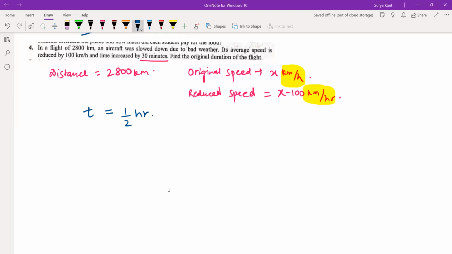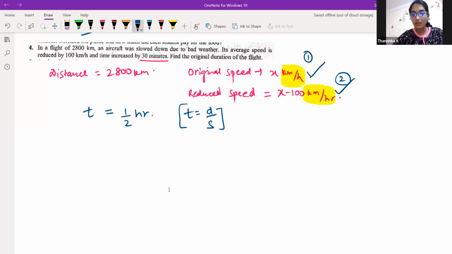So the time formula, all of you know, is distance by speed, correct? Which time will take longer? The first speed or the second speed? Which will go slow? The second one, right?